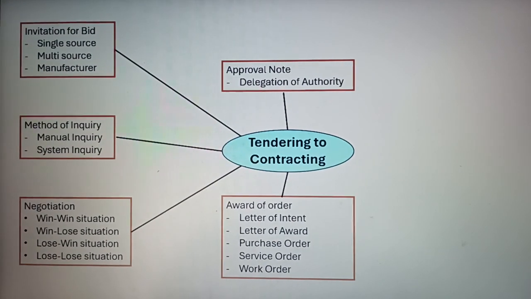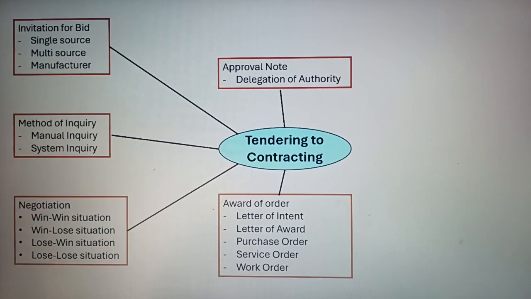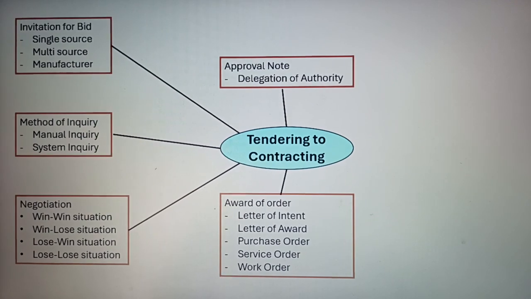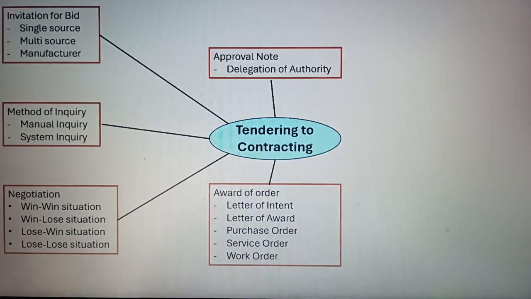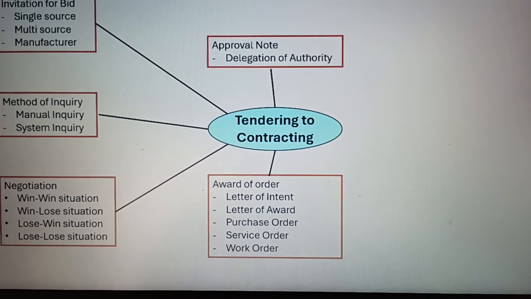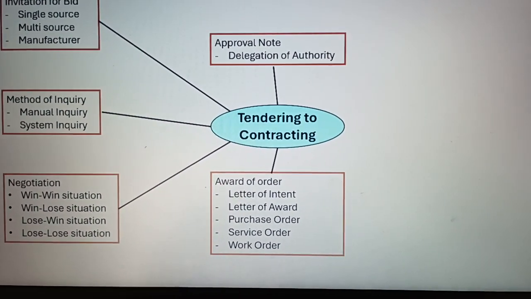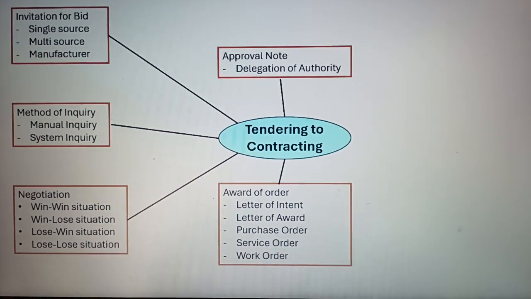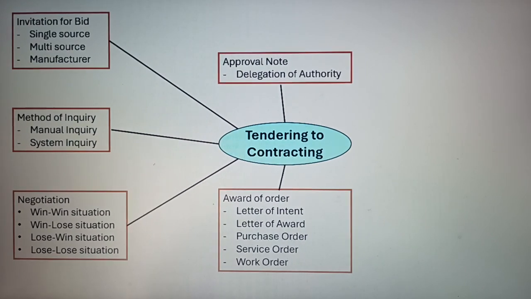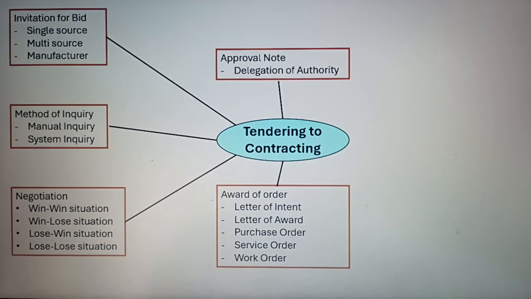So it is also crucial to send all the related documents like the service order, GCC, or scope of work while sending the order to the contractor. The vendor who is providing their services is called a contractor.